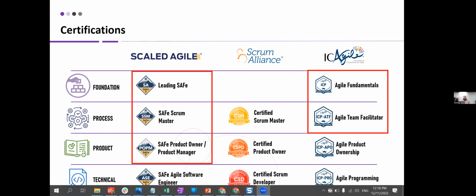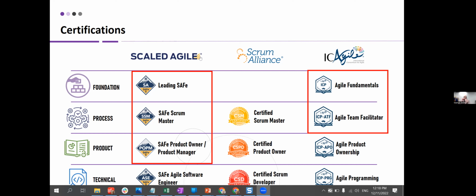Okay. Now, if you're planning on going the Agile route, whether it's Salesforce or outside of Salesforce, any company for that matter, then you've got to decide on your track. Are you a process, a product, or a technical person? And then you have to look at which certificates you want to take. So I'm giving you a lot of options here, and I know sometimes too many options is not a good thing, but this is as simplified as I am able to get it.